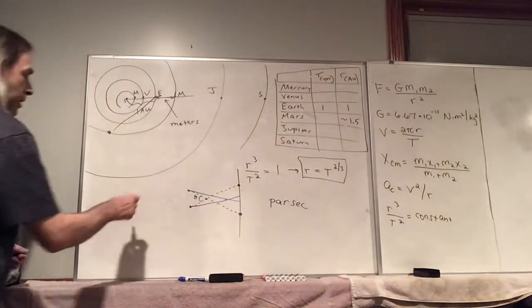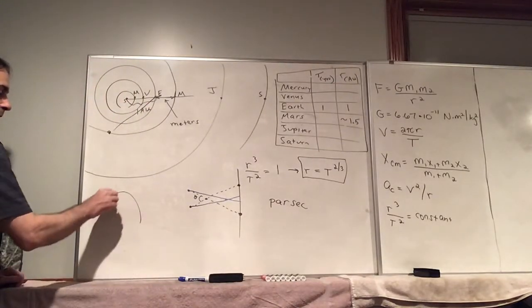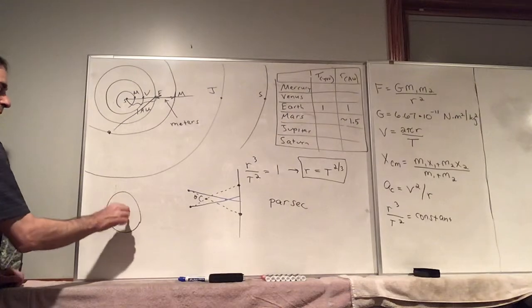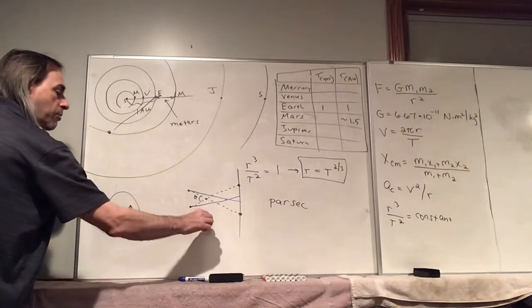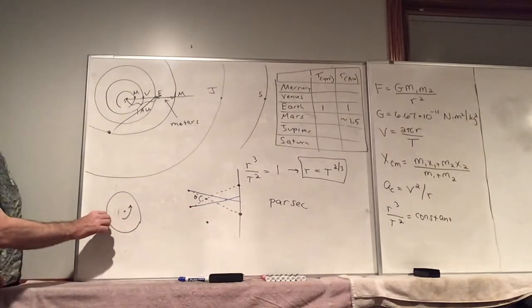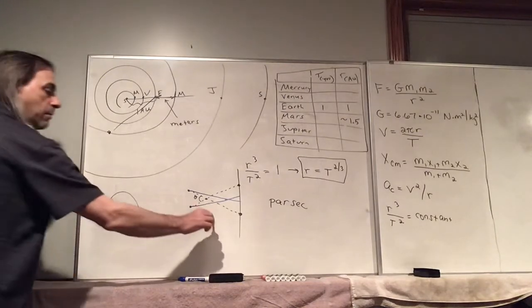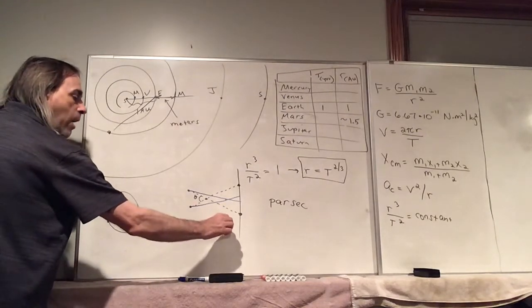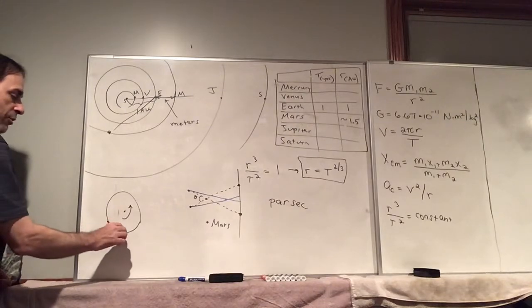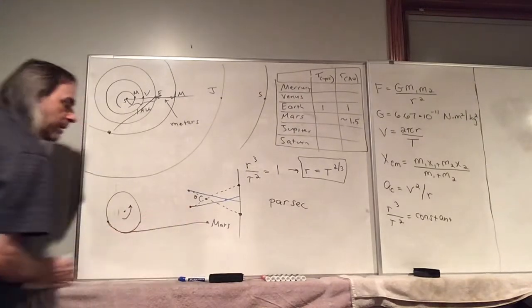But if you picture, here's Earth, and the Earth is rotating, and here's Mars. If Cassini's over here, he's not going to see Mars because the Earth is in the way. But as the Earth orbits, he'll get to a point where he has a straight line shot to Mars.